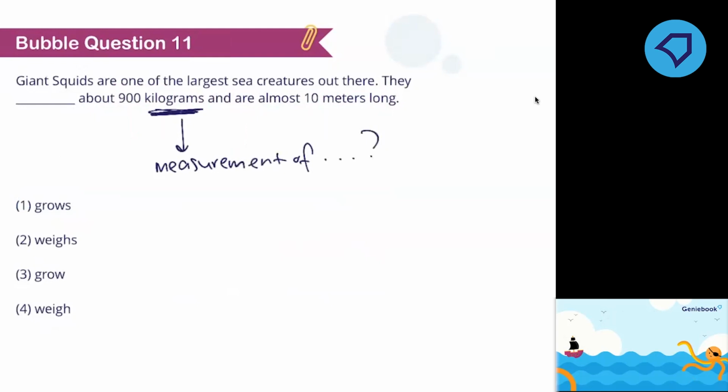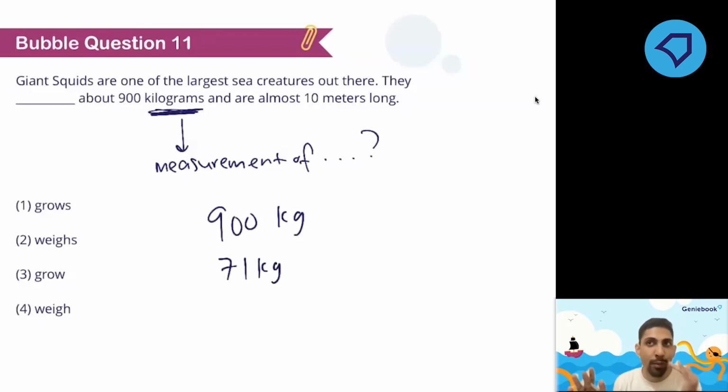Yeah, you use a weighing scale to measure your weight. This is kilograms. So 900 kg. For reference, I am 71 kilograms. 10 of me will still not be as heavy as a giant squid or as a bigger one.